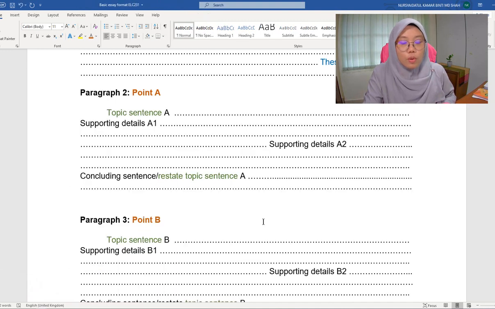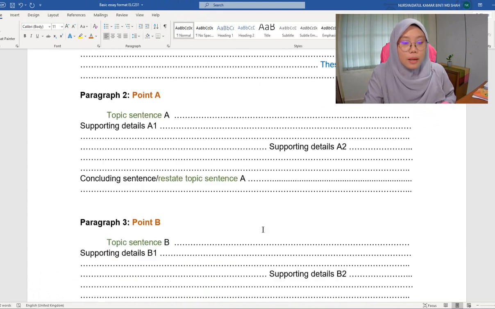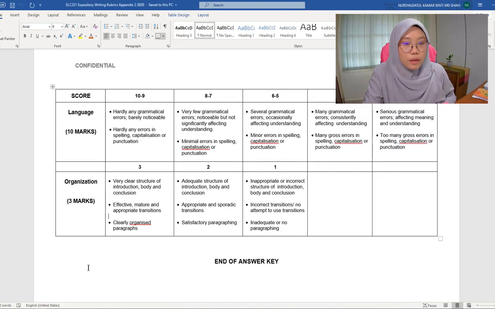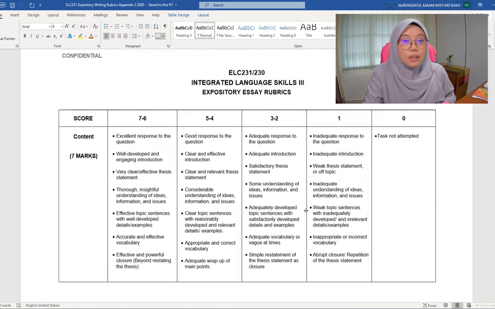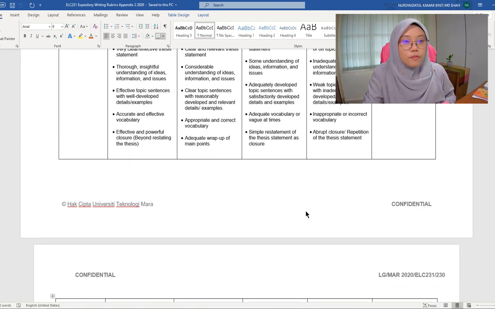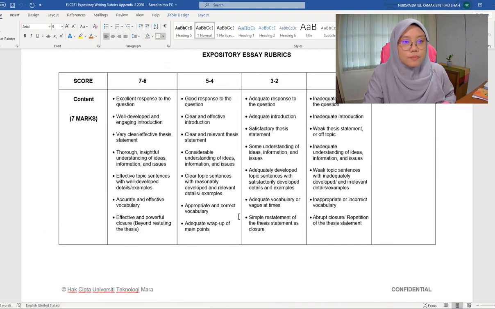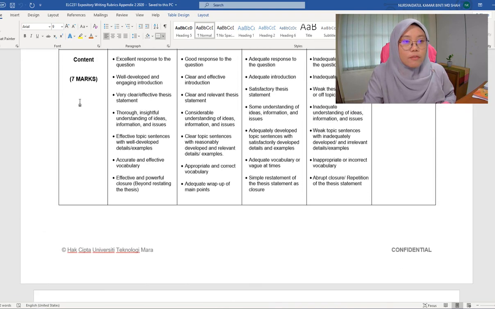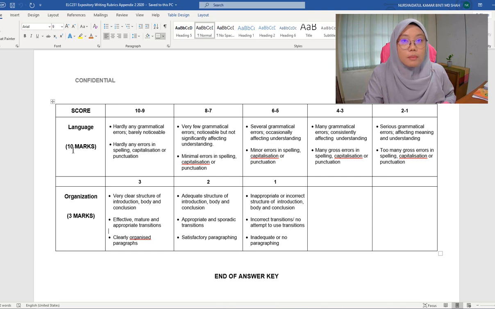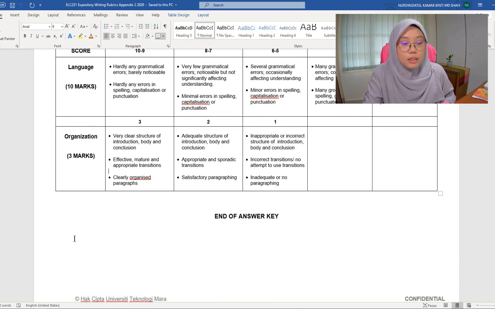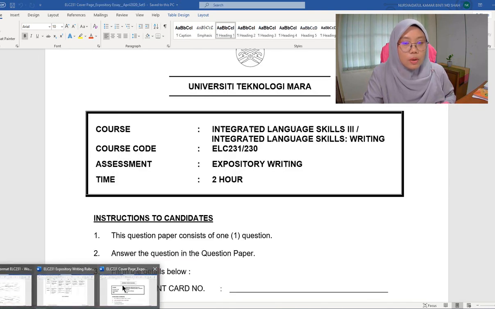So if you manage to follow this format, then I think it's very, very possible for you to get good marks for organization. Okay, so this is the rubrics for your essay. Again, content 7 marks, language 10 marks, and organization is 3 marks. Okay, next.